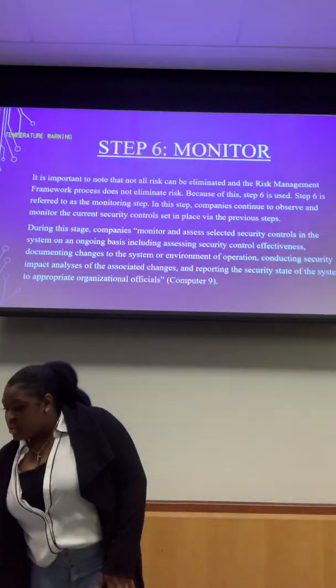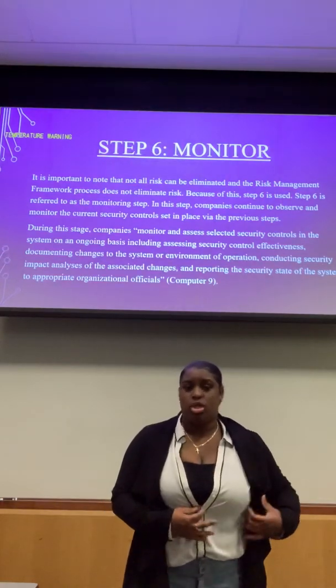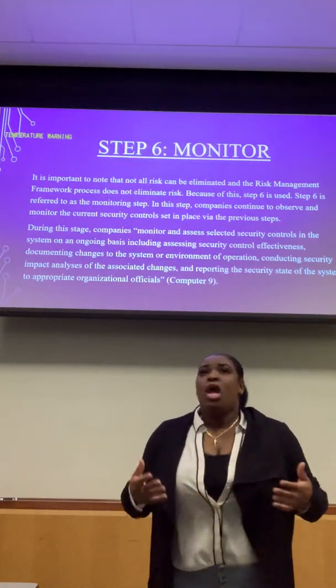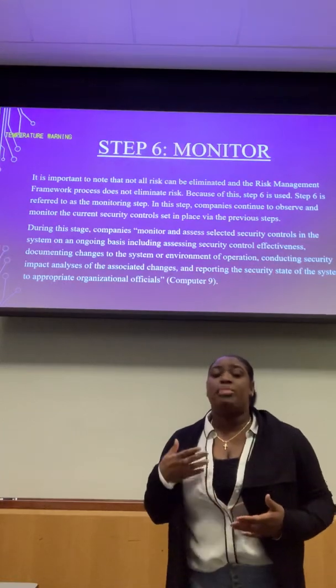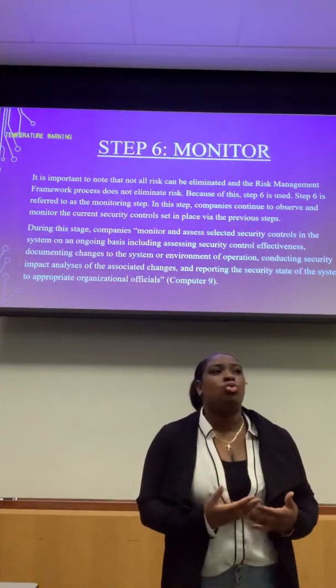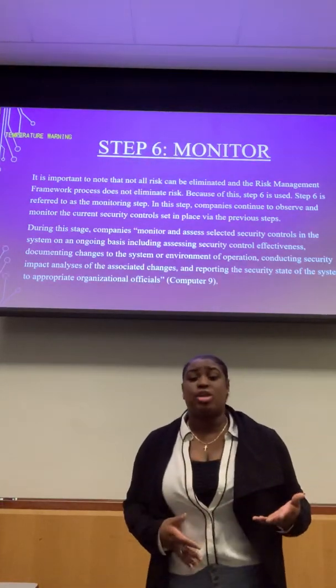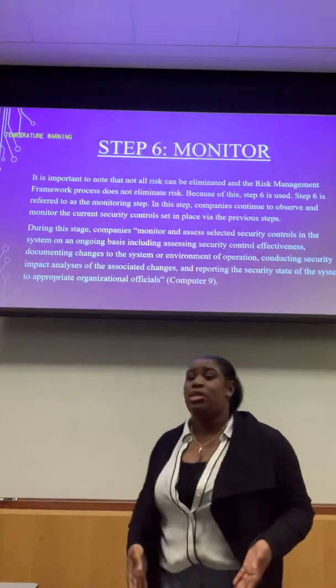And then finally, we have our last step, which is step 6, which is to monitor. In this stage, it's pretty much just the company always looking at their assets, making sure that there's no warning sign, no trigger sign for risk or for incidents that are currently or going to happen.